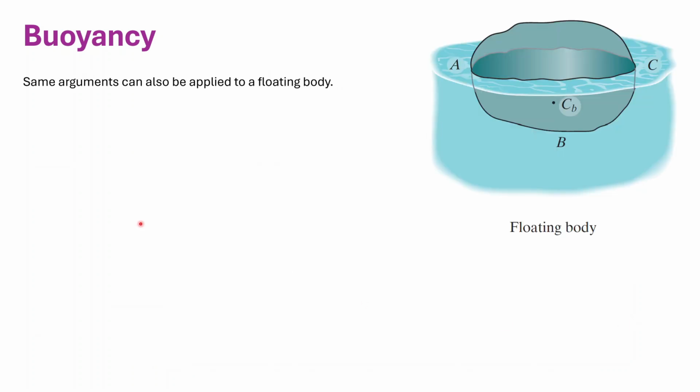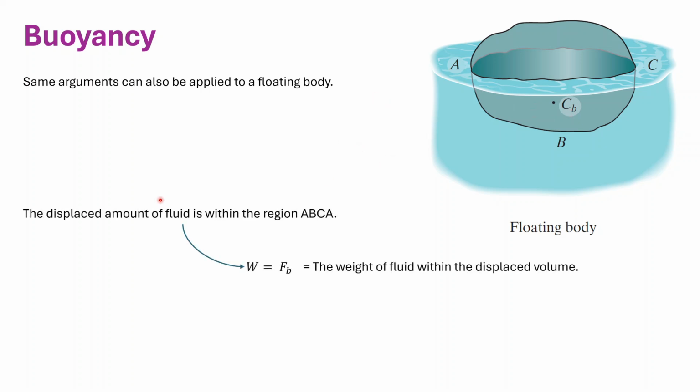The same arguments can also be applied to a floating body. In previous cases, we had completely submerged bodies, but here we have a floating body. The displaced amount of fluid is within the region ABCA, so W equals F sub B. W is the weight of fluid within the displaced volume.